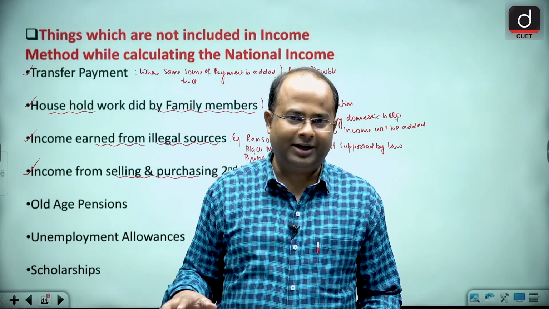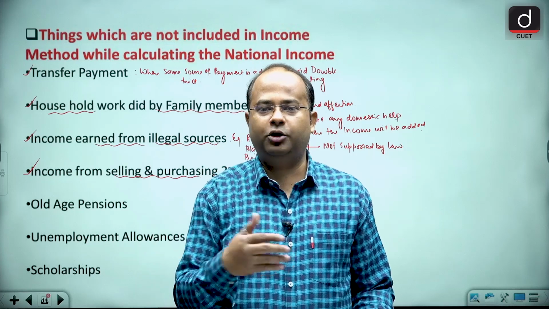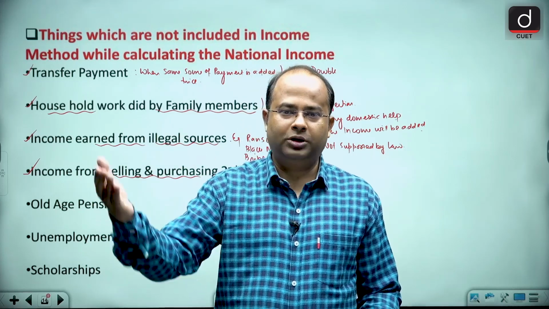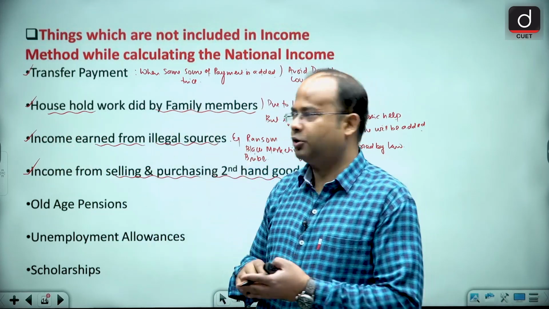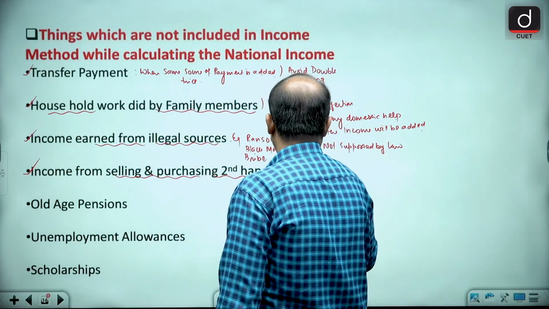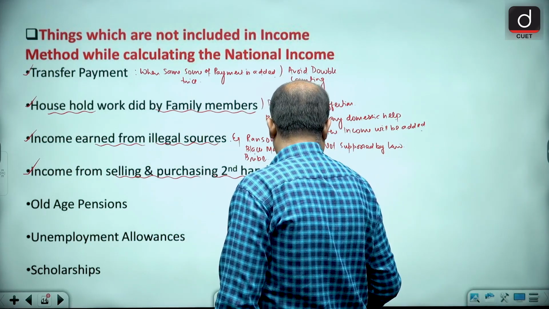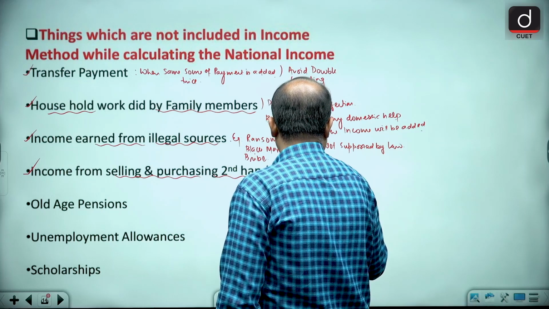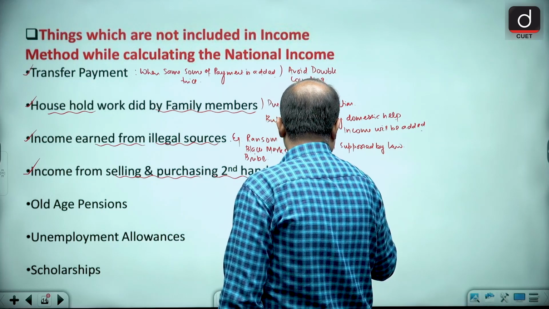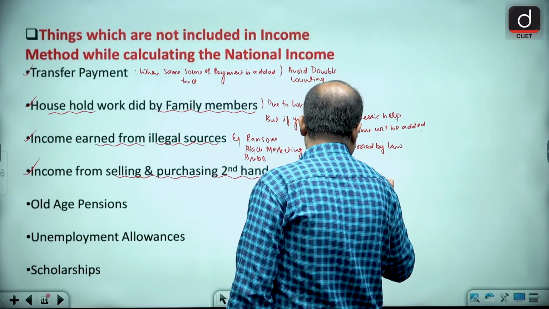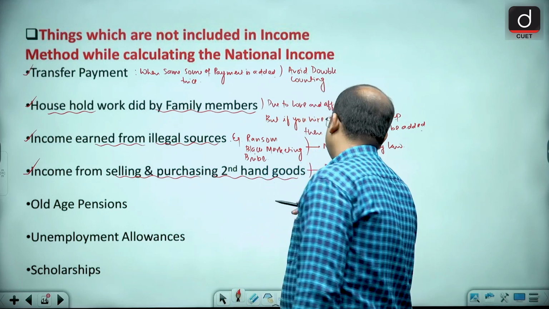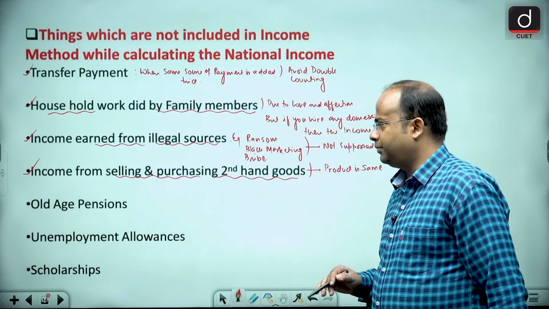But if you have not done any type of value addition, simply you purchased the phone and sold it to another one, the product is same, therefore it's not being added.